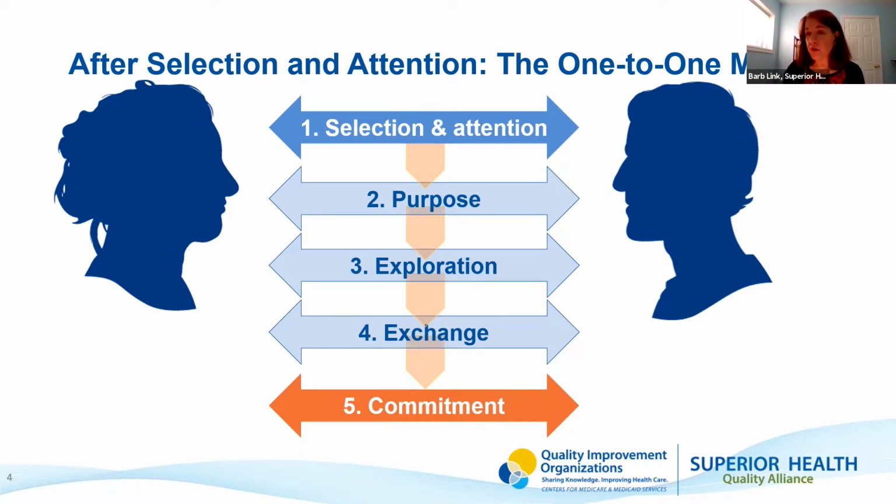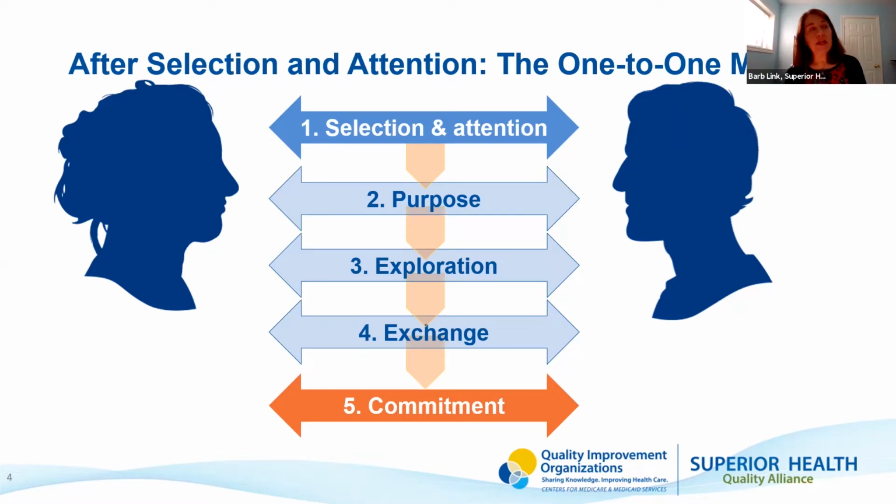But through this, when we're wanting to invite someone to our community coalition, it's a very intentional meeting that you want to have with a very select person. So there are specific steps. There are 5 steps to this meeting: the selection and attention or connection. Step 2 is purpose. 3 is exploration. 4 is exchange, and 5 is commitment.